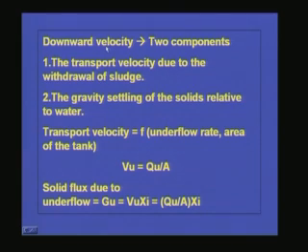The product of solid concentration and velocity gives you the solid flux. The downward velocity, as I have already discussed, has two components: the transport velocity due to the withdrawal of the sludge, and the gravity settling of the solids relative to the water. The transport velocity is a function of the underflow rate and the area of the tank, because the sludge withdrawal pipe will have a much smaller diameter compared to the sludge thickener.